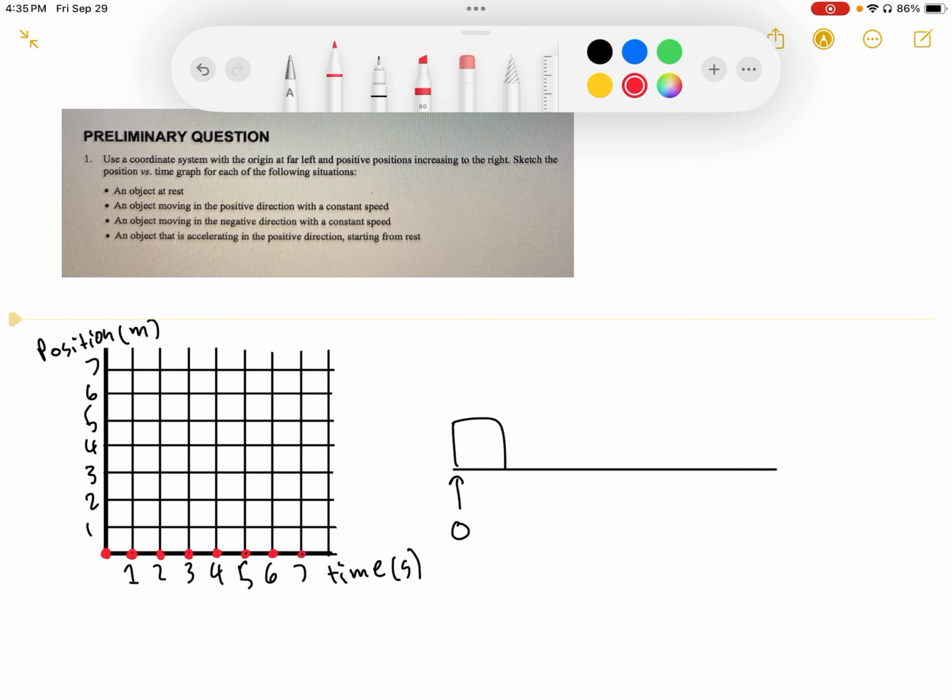And if I connect all those dots, I just get a flat line. So for an object at rest, this should be a flat line on our position versus time graph, right?